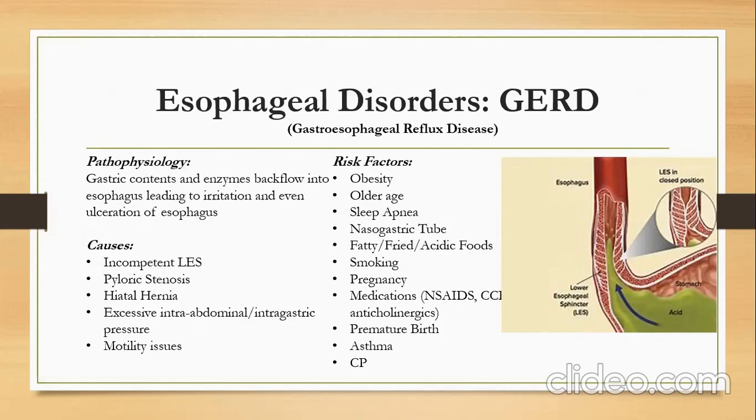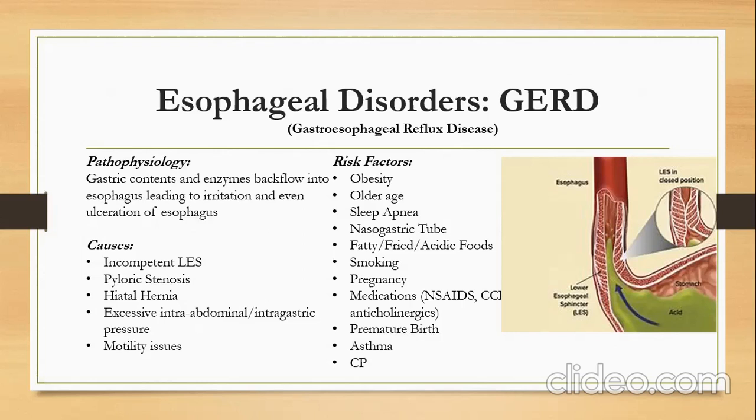Also, certain foods, fatty, fried, and acidic foods are going to put you at risk. Chocolate, other foods, we'll talk about the foods on the next slide. Smoking irritates your throat, the coughing and all that, again, going to put you at risk.